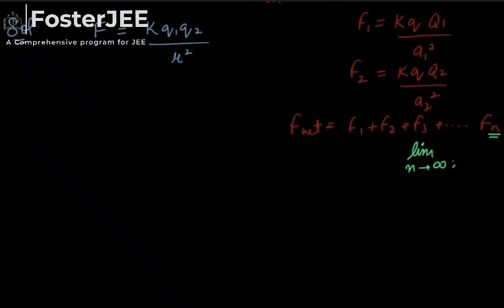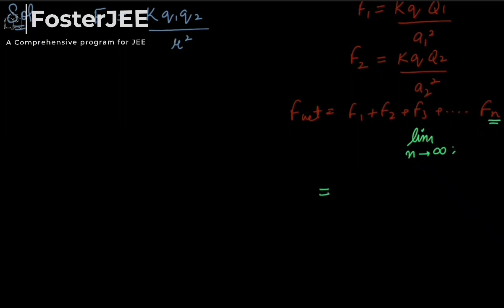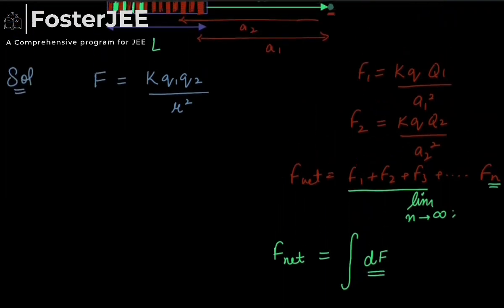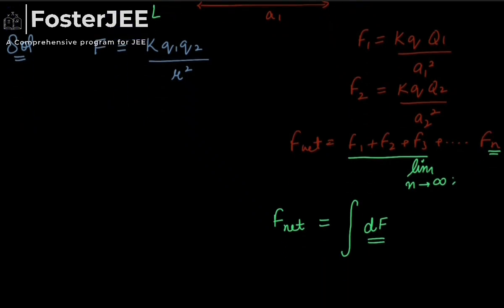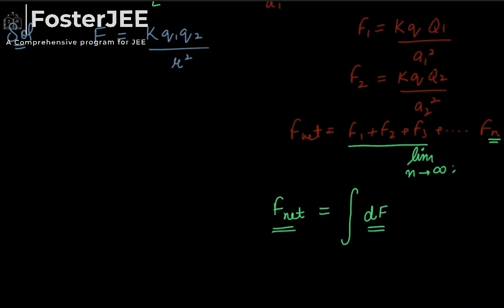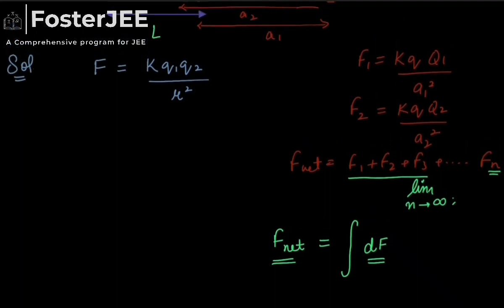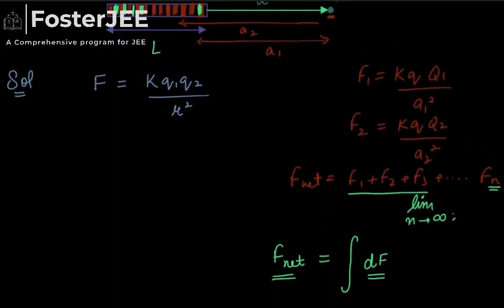So to do such calculations, we have a tool in mathematics which is called integration, which says F net will be the sum, represented by the integration symbol, and each element will be dF, which is the force due to one such element at any general x. So we will get this F net. Now we will see how we do this.